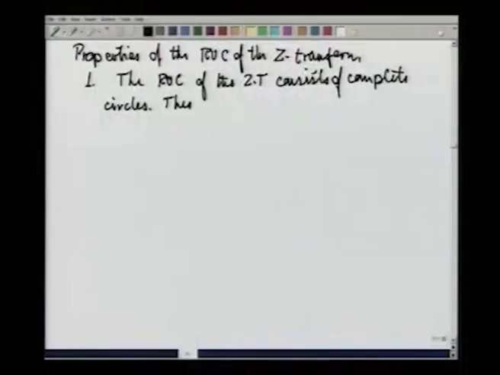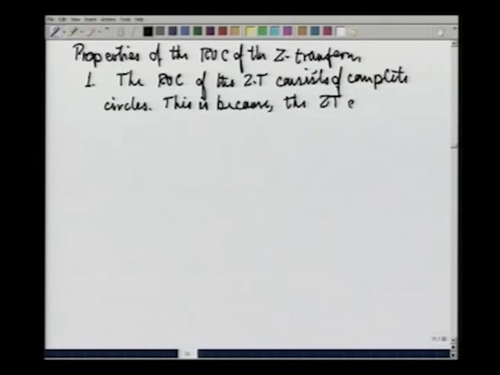Well, the reason here is similar to the reason over there. This is because the Z transform of x[n] is the DTFT of x[n] r to the minus n.